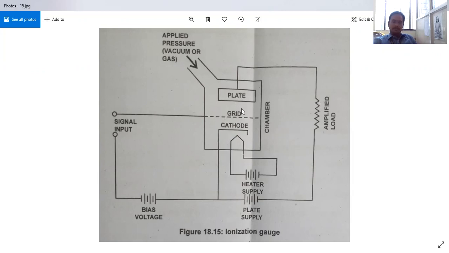Depending on the number of electrons emitted through the plate, you will find the current in the circuit. Based on the value of the current, it is calibrated to determine the pressure.